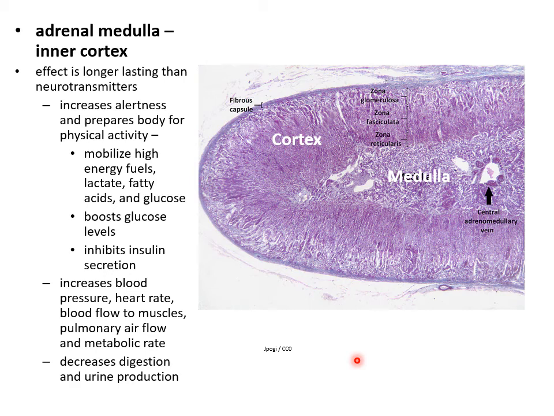So the inner cortex increases our alertness. It has an effect that's longer lasting than neurotransmitters. We're preparing for a fight or flight reaction. So we're mobilizing our energy, our fuels, fatty acids, glucose, boosting our glucose levels, inhibiting insulin secretion, increasing our blood pressure and heart rate.